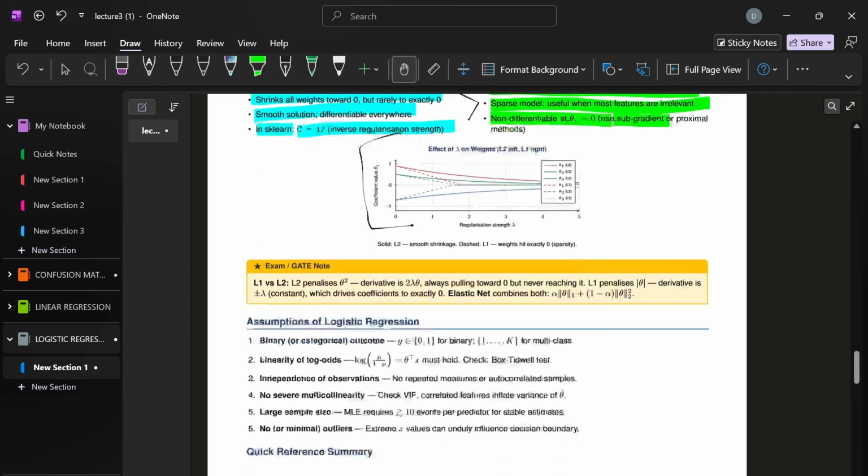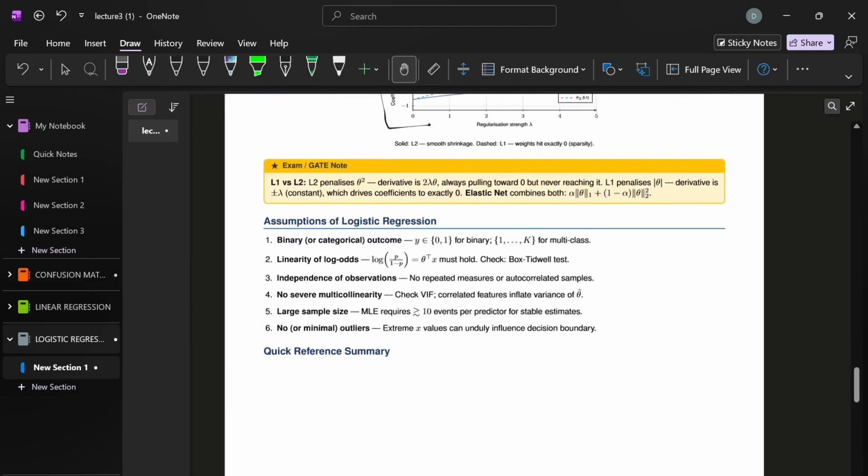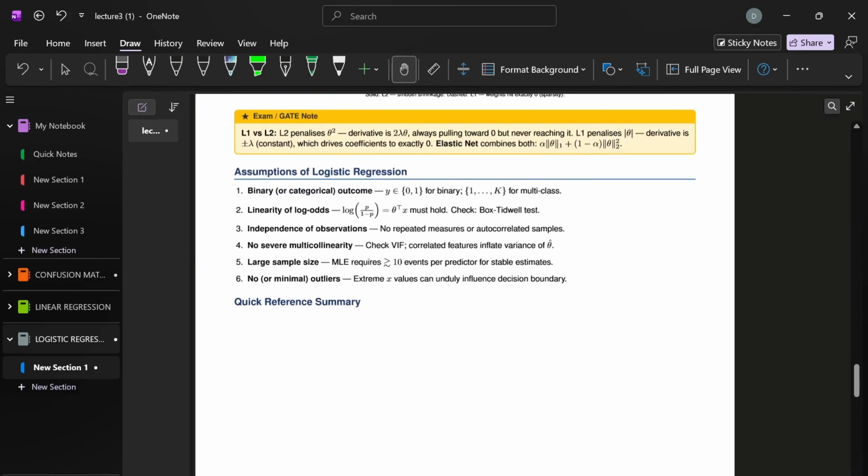Moving towards section 10, we have some assumptions that we have to make in logistic regression. First, the output must be binary or categorical. Second, the log odds must be linear in features. Thirdly, observations must be independent of each other; no autocorrelation should be present. Fourth, there should be no severe multicollinearity, which we can check via the VIF score.